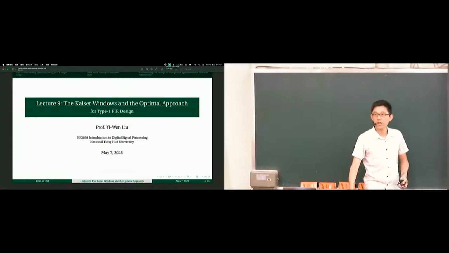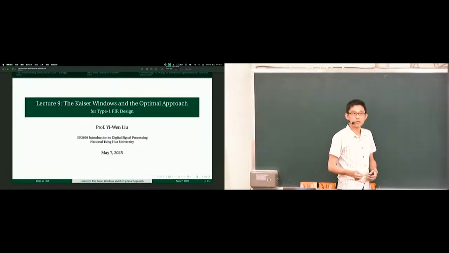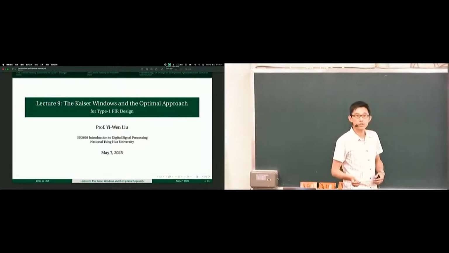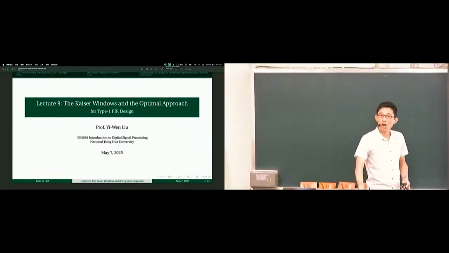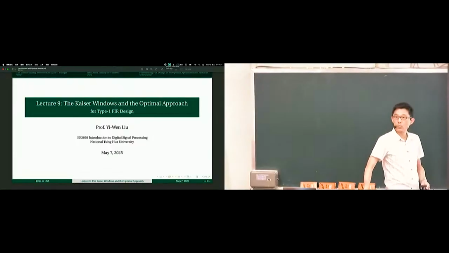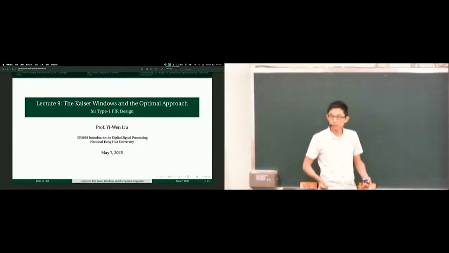Sorry, you cannot. So you need to find some other window functions. We suggested that there are a few windows that you can choose: there's a Hann window, a Hamming window, and also a Blackman window, and you can compare their performance.